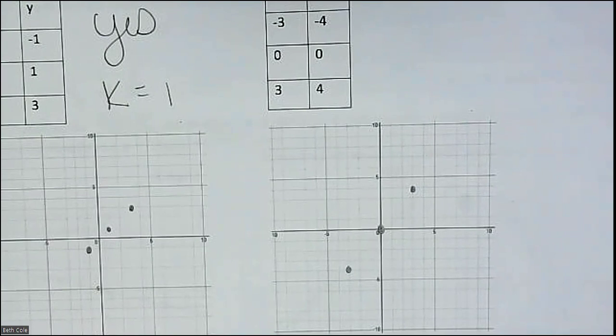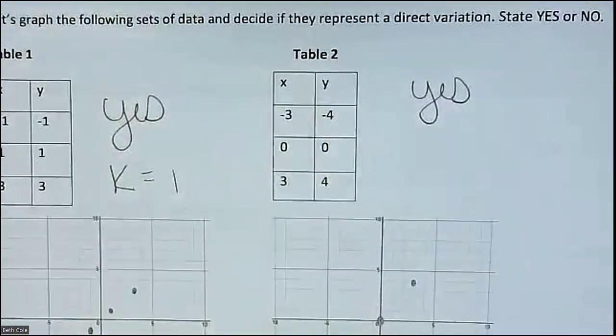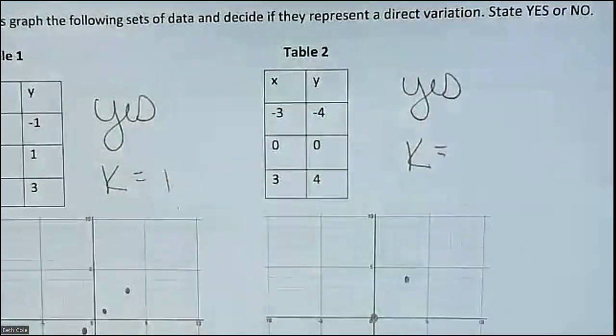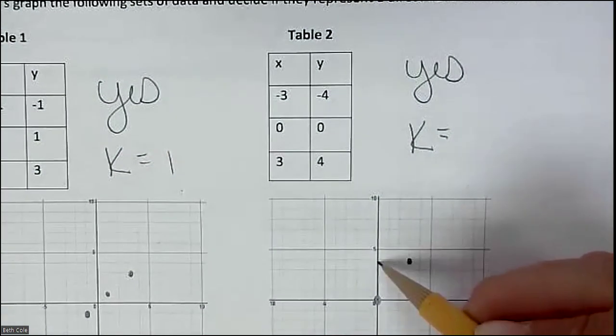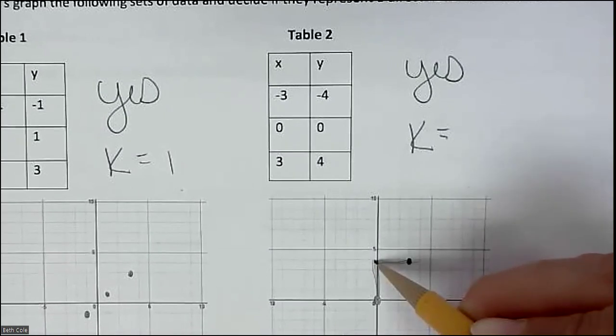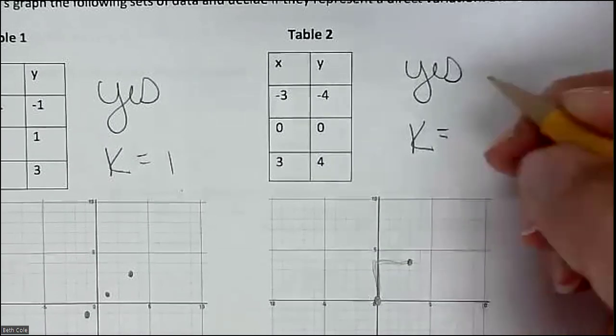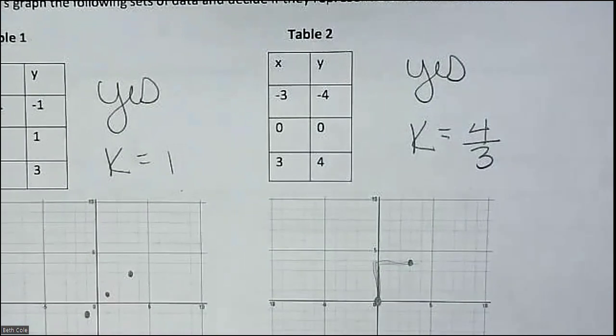And would it go through 0, 0? Yes. So the answer is yes. It's a direct variation. And k is the slope. So how much up and then how much over do you go to connect? You go up 4 and then over 3. Rise over run. Do you remember rise over run? Very good.